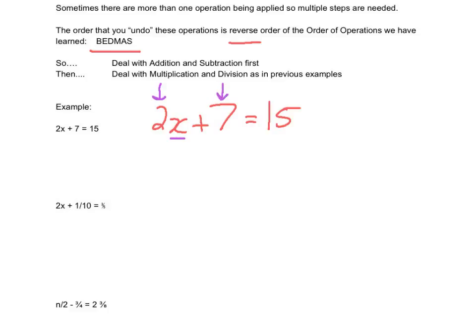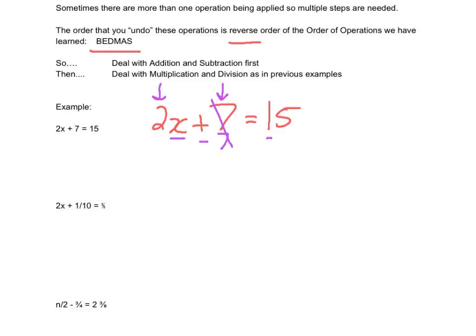BEDMAS says that usually you would do the multiplication first and then the addition and subtraction, but remember we're going to do it backwards. So we deal with the plus 7 first. If we are adding 7 to the variable, the way to get rid of that is subtracting 7. 7 minus 7 is 0, so that cancels out.